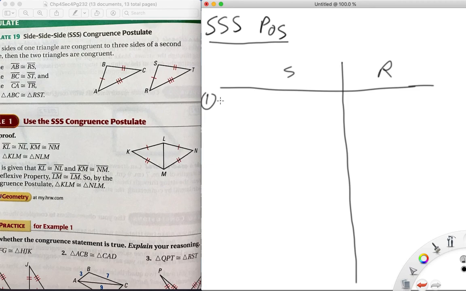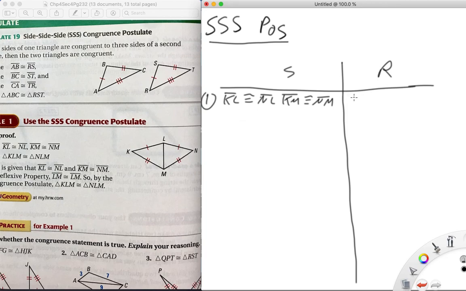We have all that stuff. KL is congruent to NL. KM is congruent to NM.